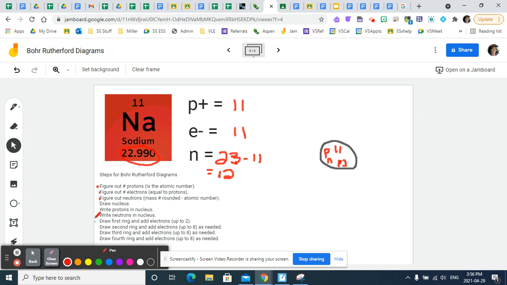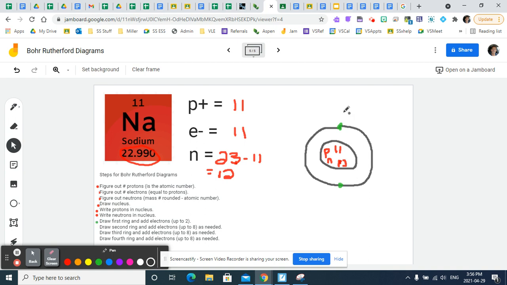And then I have done that. I've put my protons in, my neutrons. Next, I need to add in my first energy level. Energy level, there it is. It can take a maximum of how many electrons? 2. That's right. There we go. My 2 electrons. So that's that.